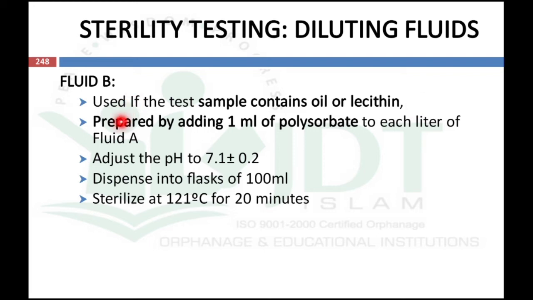Fluid B can be prepared by adding 1 ml of polysorbate to each 1 liter of fluid A. Finally, we have to adjust the pH to 7.1 plus or minus 0.2, and we have to sterilize the fluid at 121 degrees Celsius for 20 minutes.